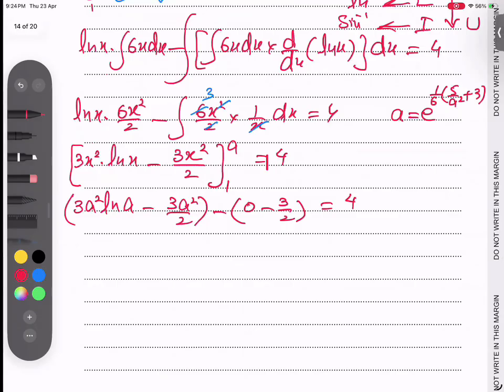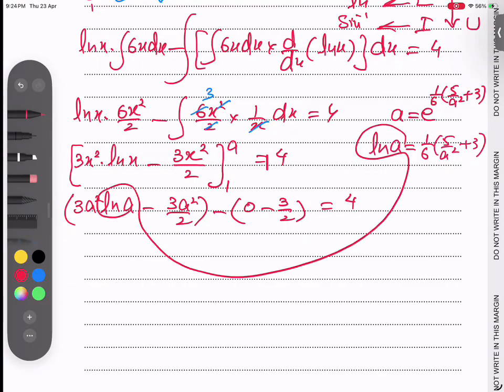Then after that, what's the next plan? Let's take the logarithm of this side, students, just for the sake of understanding, in case it makes things easy for you. So log of a is log of a, but log of this exponential cancels, and this 1 by 6 times 5 over a square plus 3. So you can guess our target. This is ln a, we have it.